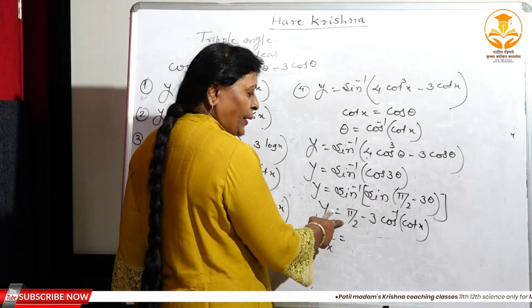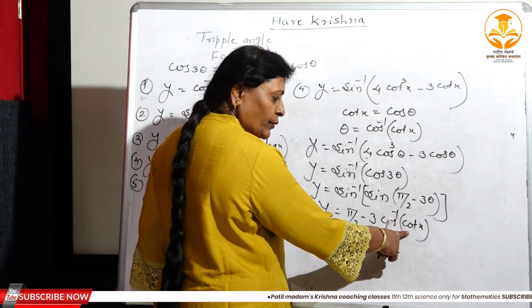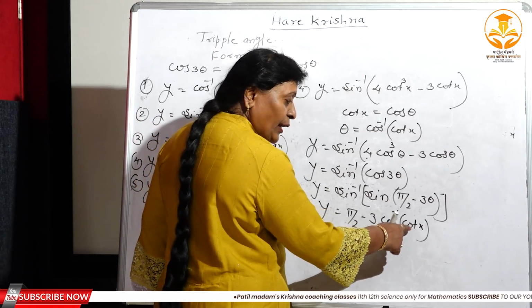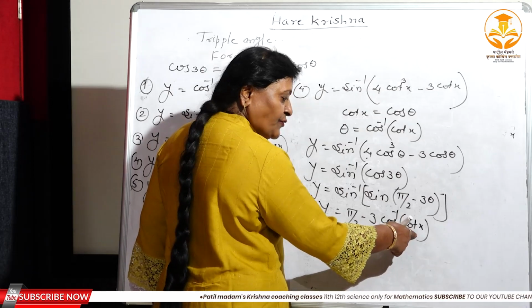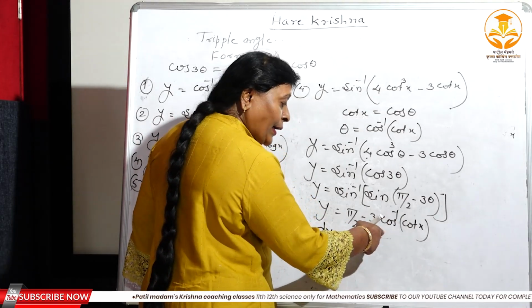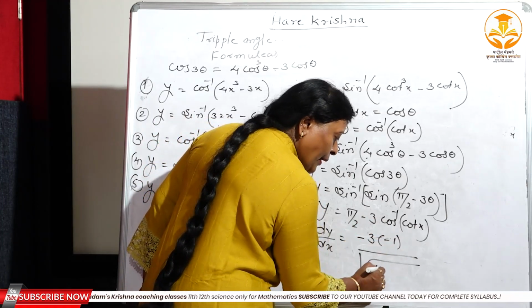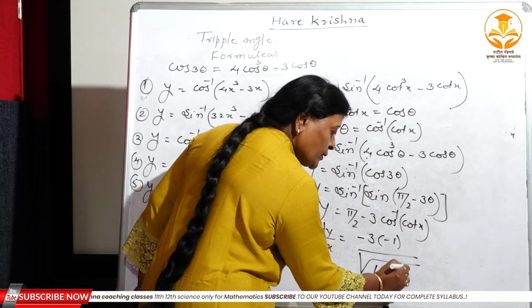Again, dy by dx. The derivative of pi by 2 is 0. Minus 3 remains as it is. Apply chain rule. Cos inverse u, in place of cot x you substitute u. What is the derivative of cos inverse u? Minus 1 upon root of 1 minus u square, meaning cot square x.